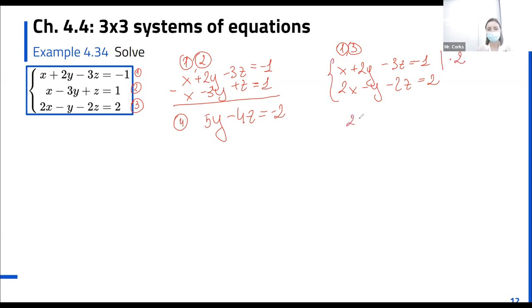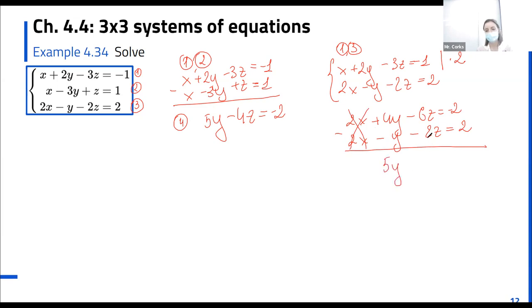So we will have 2x plus 4y minus 6z equals minus 2. And then we use minus 2x minus y minus 2z equals 2. So x is gone. 5y, minus 6 plus 2, minus 4. And we have minus 2 plus 2, which is 0, minus 4.